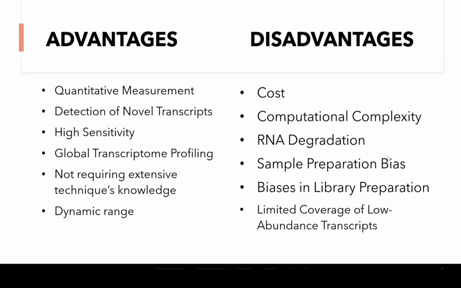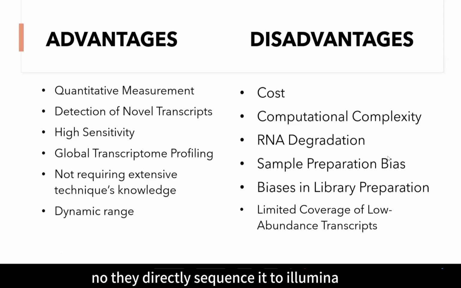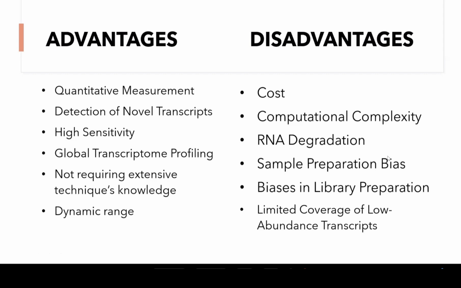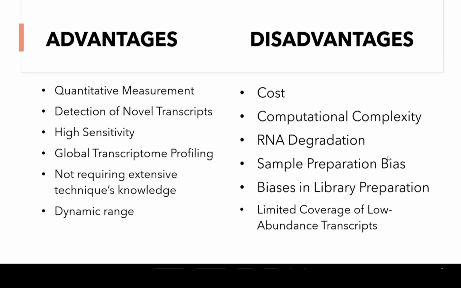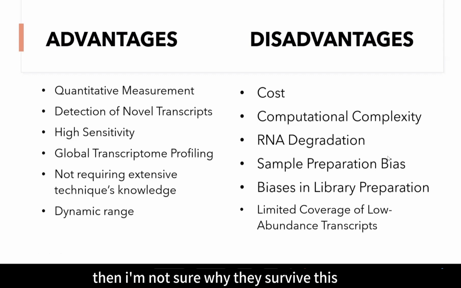Yes, Sultana, please answer. No, they directly sequence it on Illumina and then generate the library. So the preparation is not any from RNA to cDNA, or could there be any amplification method involved? No. Then I'm not sure why there's a bias.